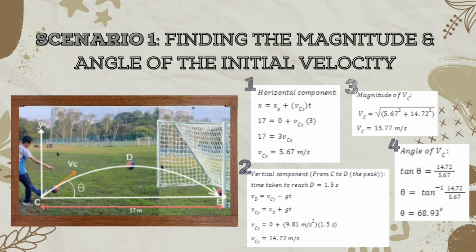After that, we find the vertical component of VC by calculating using point C to point D, which is the peak. So we got VCY equals 14.72 meter per second. After doing step 3 and step 4, the value of the magnitude and angle of VC is 15.77 meter per second and 68.93 degrees respectively.